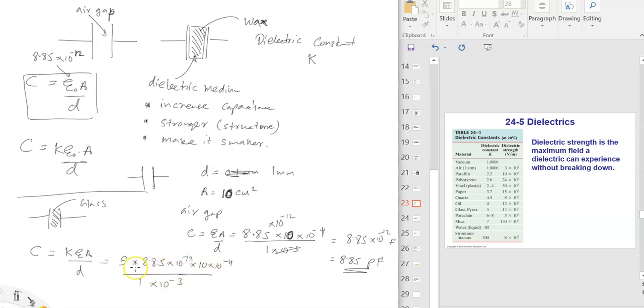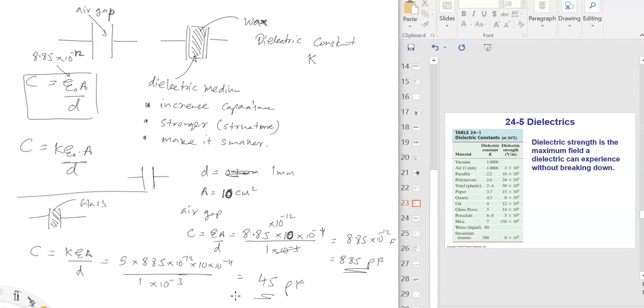So everything else same, the capacitance gets multiplied by 5 times. So it will be 5 times 8.85, something close to 45 approximately picofarads, maybe 44. So that's the advantage of using a dielectric constant.